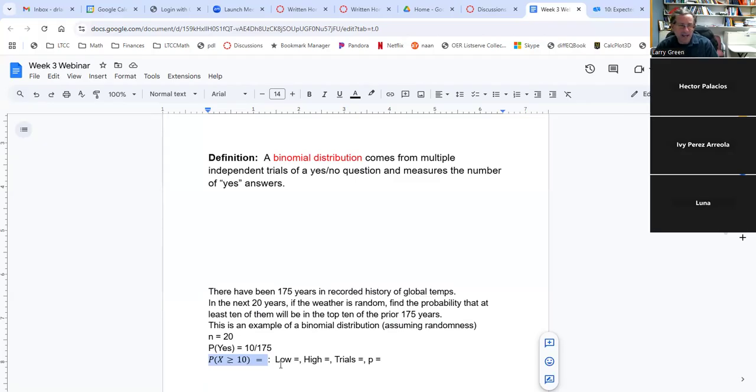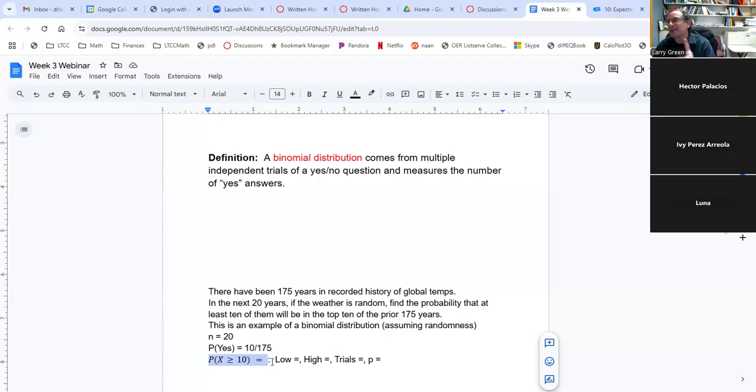All right. So how do you think I'm going to find that probability? Notice we have a binomial distribution because each year is a yes/no question. Is it in the top 10 or is it not in the top 10? And we have 20 years that we're doing. So any guess on how we're going to find that probability?